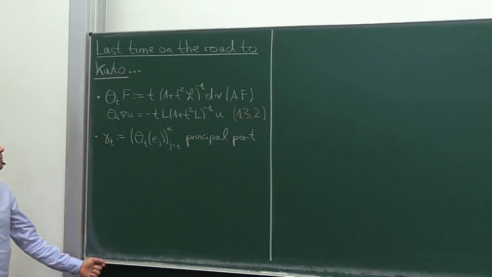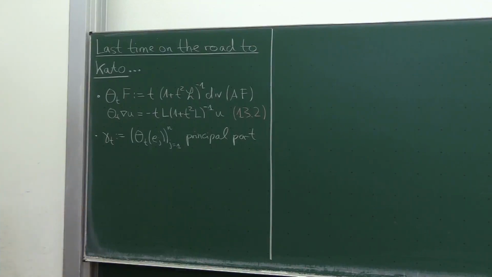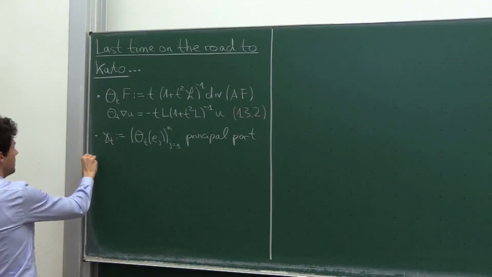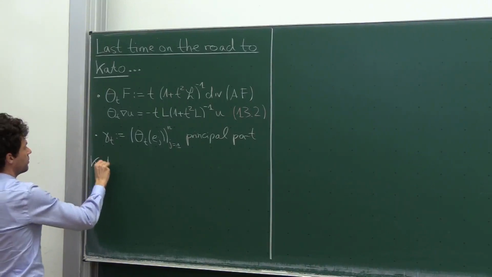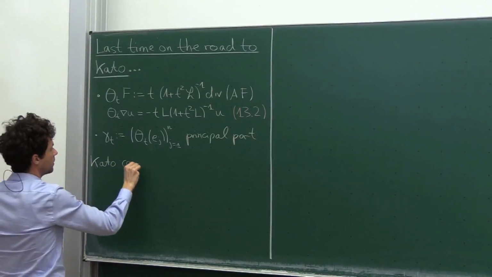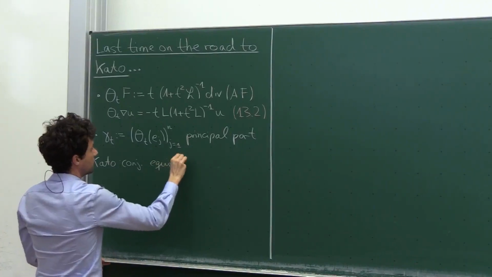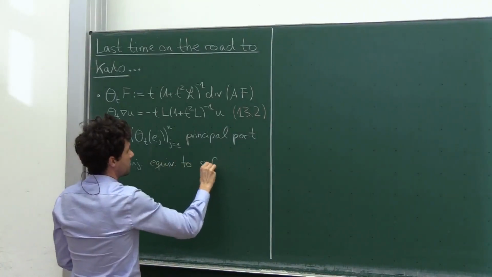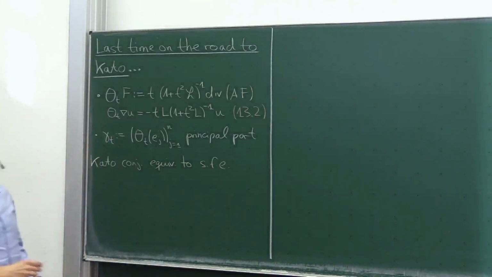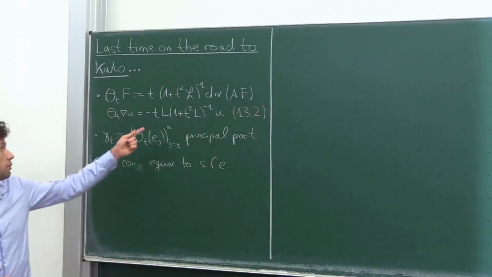Remember that we introduced this operator because we knew from the lecture that Sylvie gave us that the Kato conjecture is equivalent to a square function estimate. The square function estimate in the language of Sylvie's lecture was put on this guy.